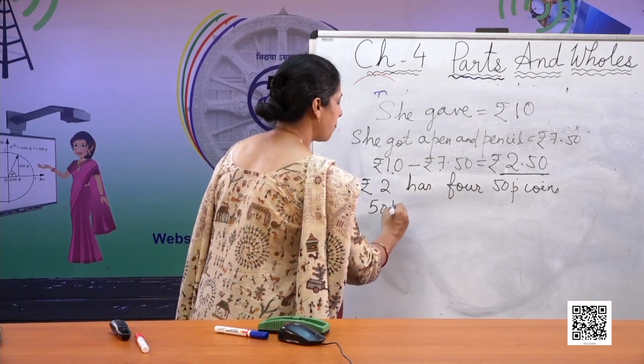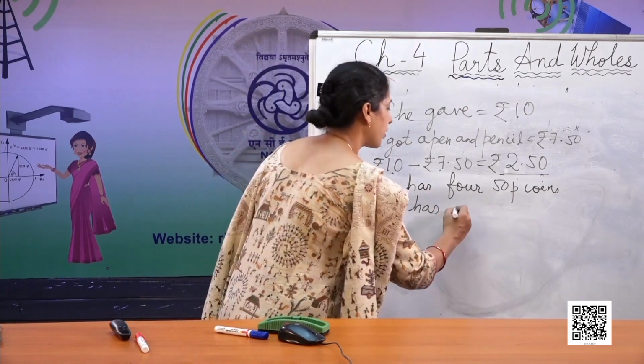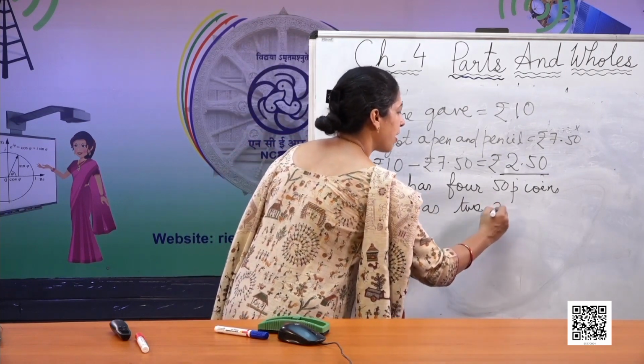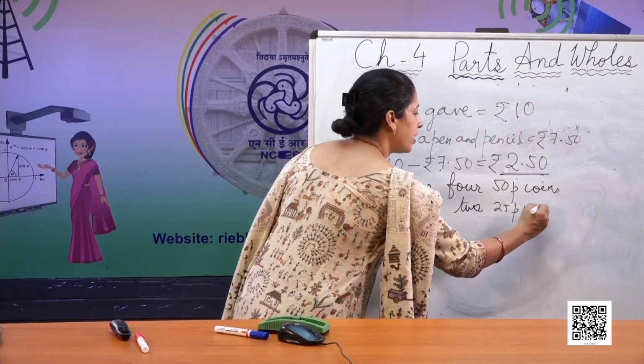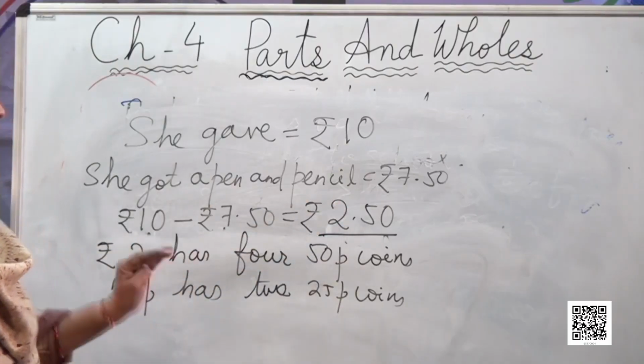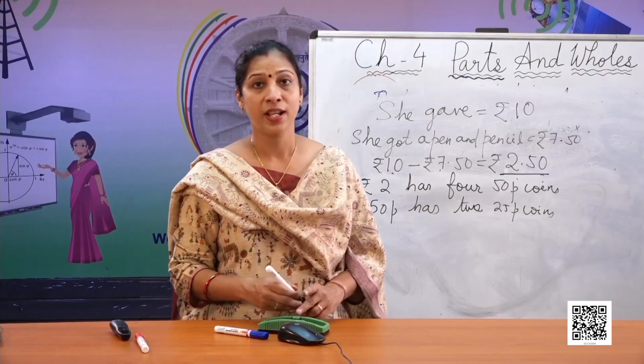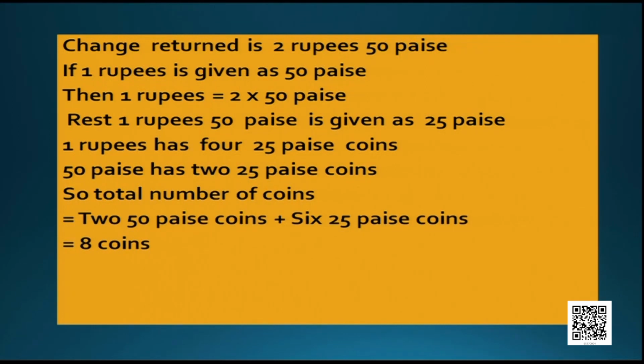Similarly, 50 paise has how many 25 paise coins? It has 2 25 paise coins. So in total, Latha will get 4 50 paise coins and 2 25 paise coins in change. Now children, I will show you another way of calculating this 2 rupees 50 paise.